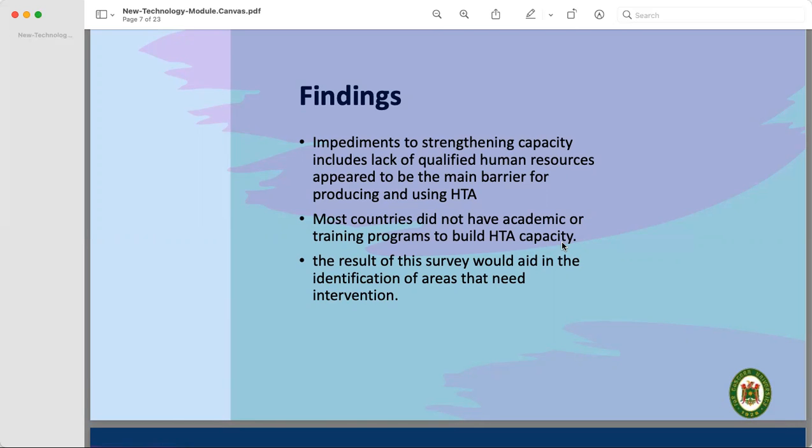Also, another pertinent finding is that most countries did not have academic or training programs to build HTA, or health technology assessment, capacity.